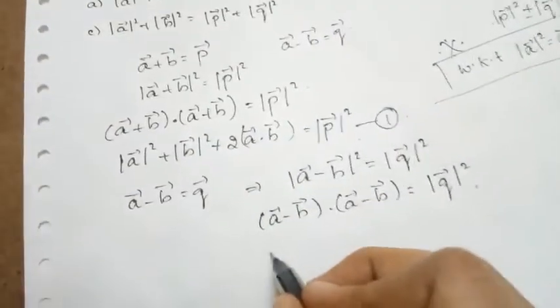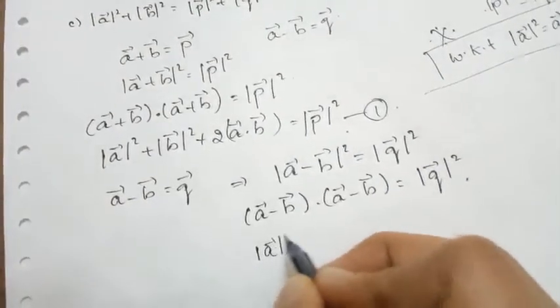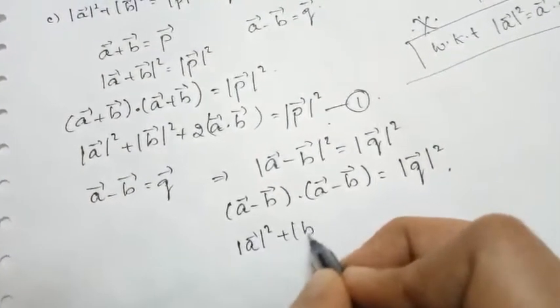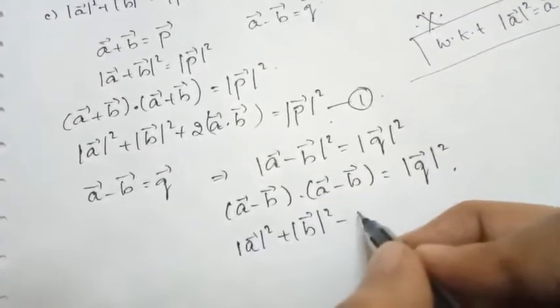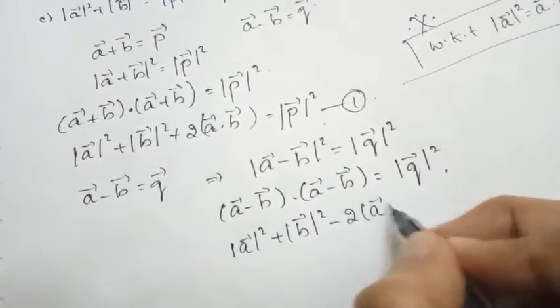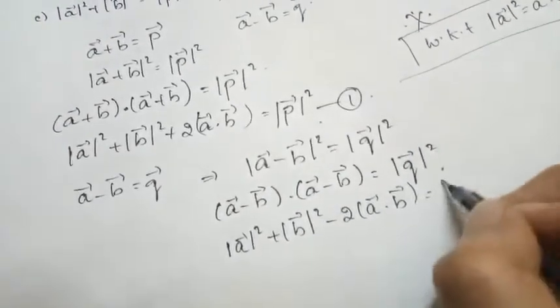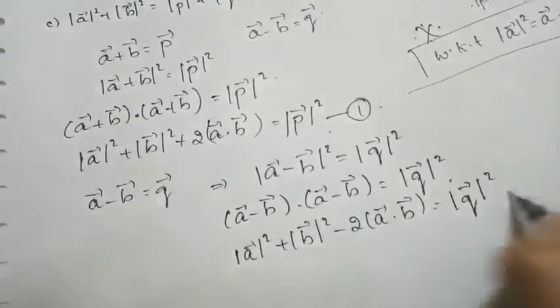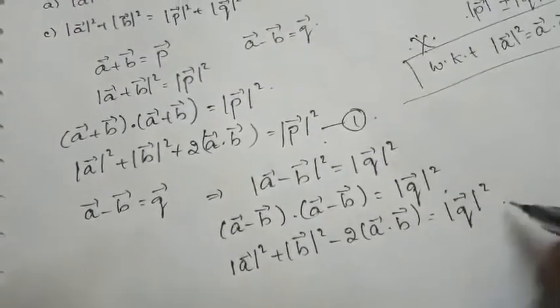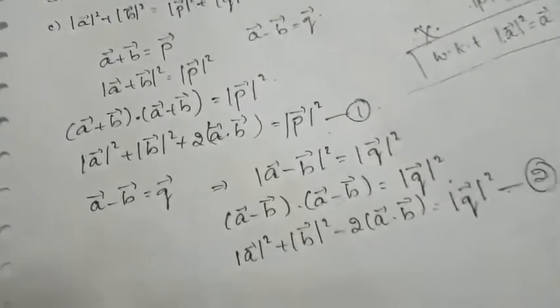That is nothing but magnitude of vector A square plus magnitude of vector B square minus 2 times vector A dot vector B is equal to magnitude of vector Q whole square. Now I will call this equation 2.